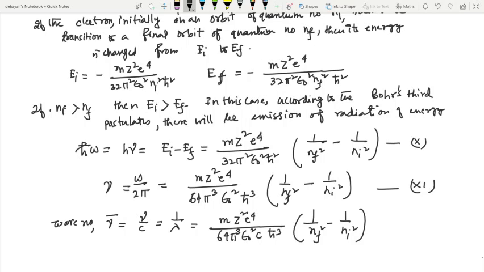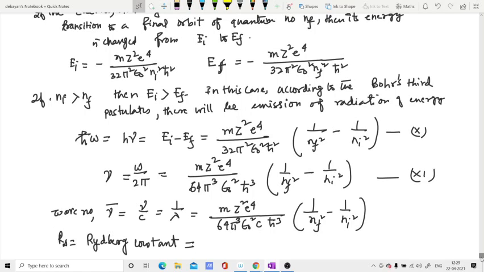Here we can see that m e to the power 4 and 64 pi cube epsilon naught square c h bar cube are all constant quantities.